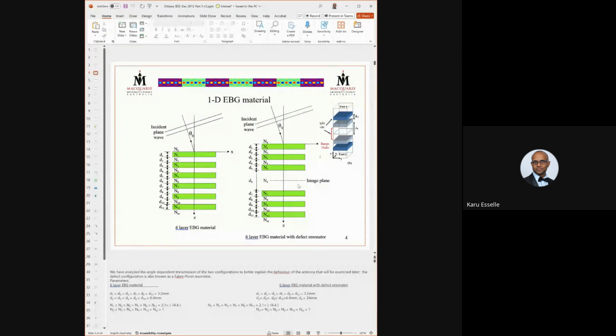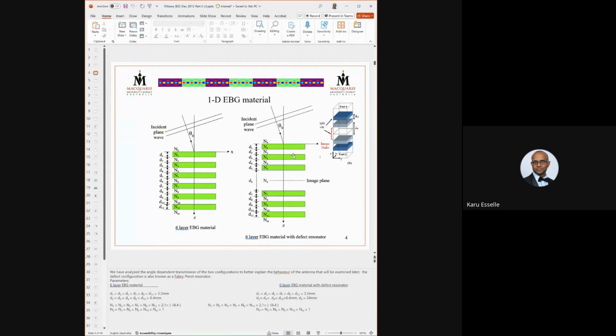And this theory is even older than EBG. This is how, in optics, they came up with the Fabry-Perot resonance and Fabry-Perot cavities. Hence these are called Fabry-Perot antennas, especially the 1D type with multiple dielectric slabs.